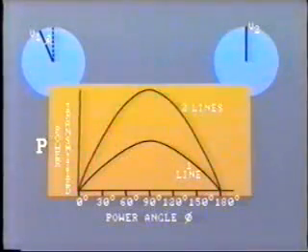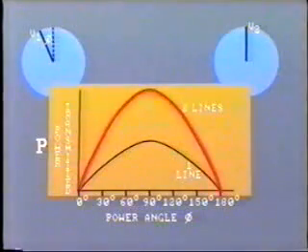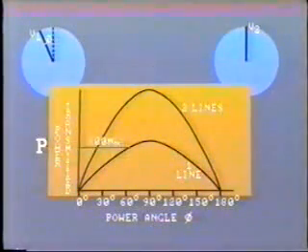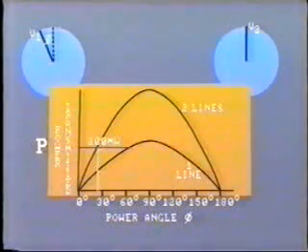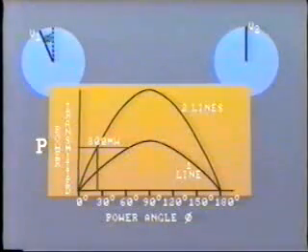This curve shows the situation with the two lines in service. In order to transfer the 800 megawatts across the transmission circuit, the voltage at bus 1 must be approximately 25 degrees ahead of the voltage at bus 2.